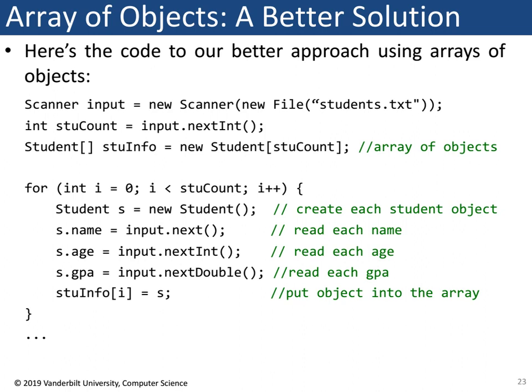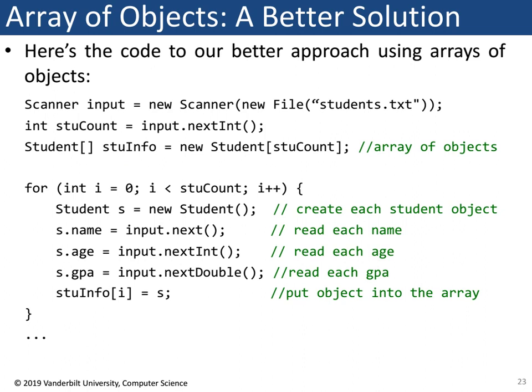So we create a new student object and store it in a reference variable called s, just temporarily. Then we get the name, age, and GPA for this student called s, and then we are going to store the reference, which is in s, in element I of our student info array.